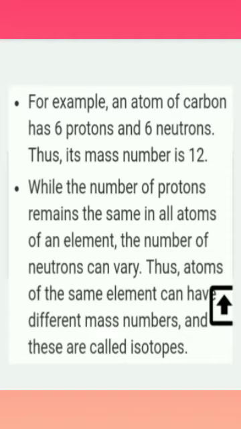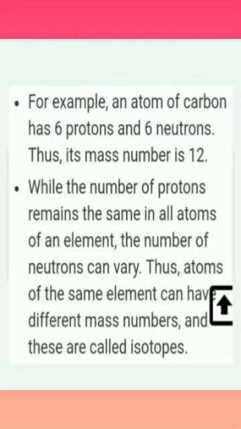For example, an atom of carbon has 6 protons and 6 neutrons. So, its atomic number is 6 and mass number is 12. The number of protons remains the same in all the atoms of an element, but the number of neutrons can change.